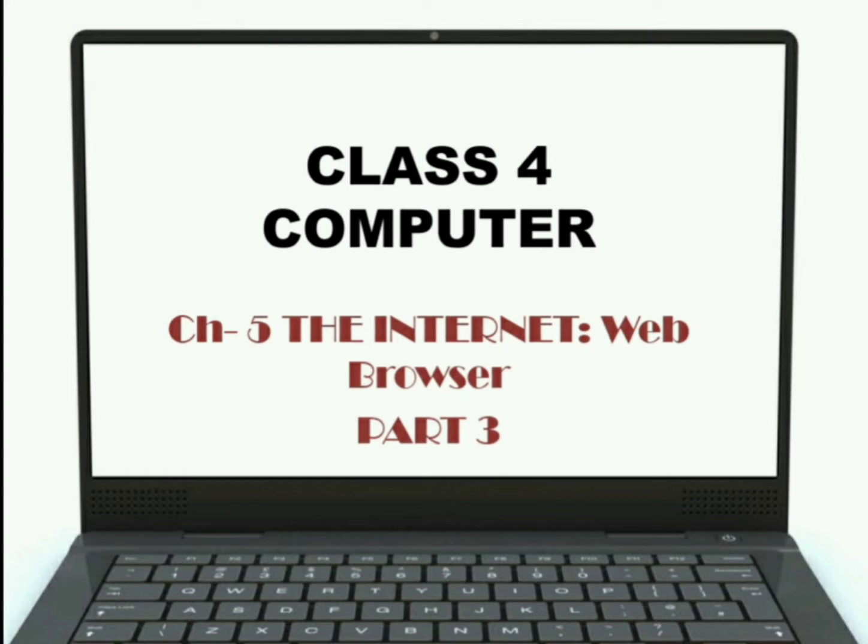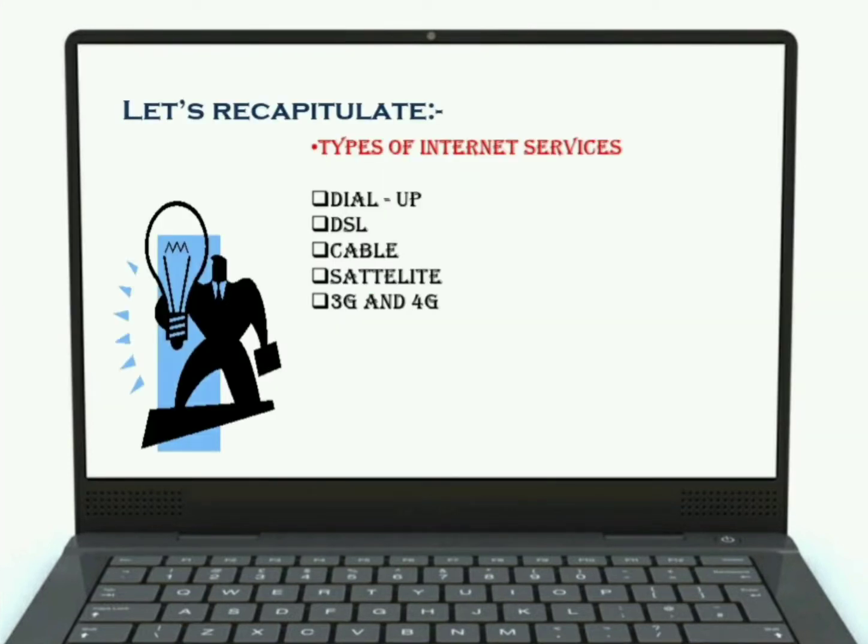Before starting the new topic, first recapitulate. We have read in our previous class about the types of internet services. There were 5 types of internet services: dial up, DSL, cable, satellite, 3G and 4G, in which dial up is the oldest one, DSL is much faster than dial up, and cable is the speediest one among dial up, DSL and cable.